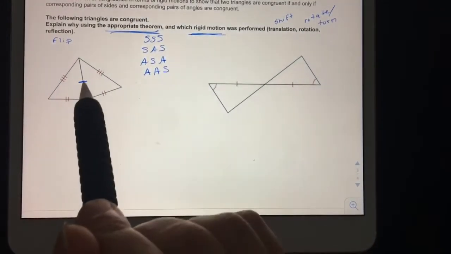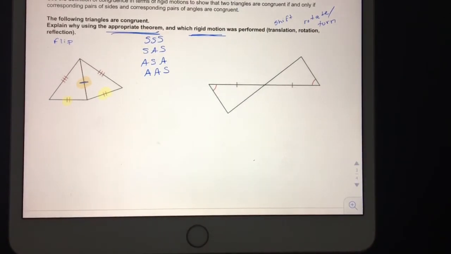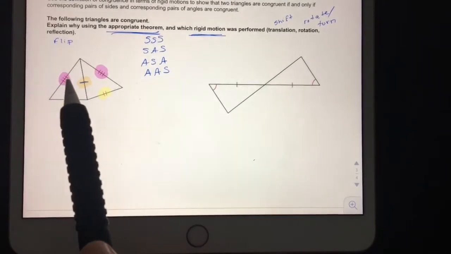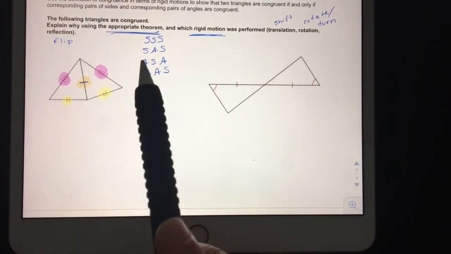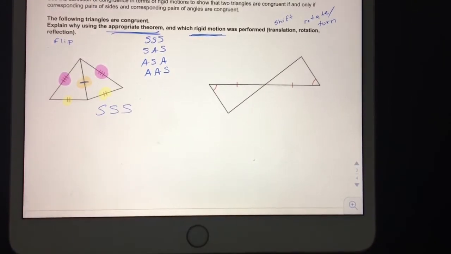So if I'm looking here, I have a side with a tick mark on both. I have a side with 2 tick marks on both. And then I also have a side with 3 tick marks on both. So since in each triangle I have 1, 2, 3 sides labeled, there's no angles marked, so it has to be the side, side, side theorem.